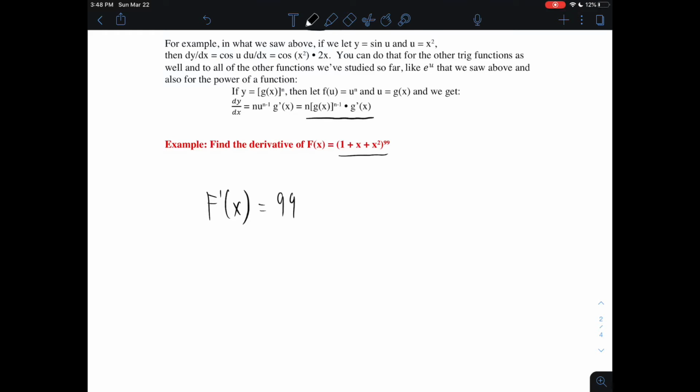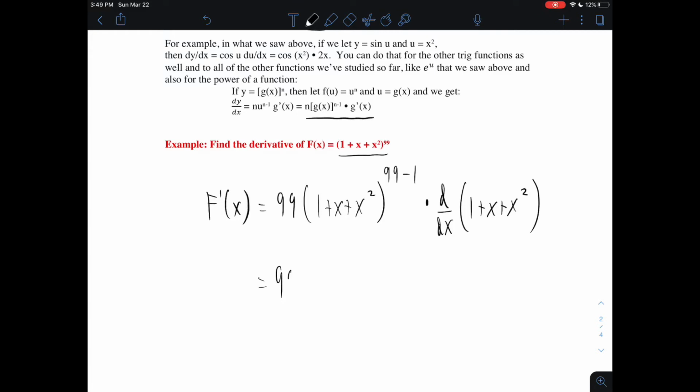g of x is 1 plus x squared. And then I have to subtract 1 from the power, so 99 minus 1, and then I need to multiply by the derivative with respect to x of g of x, in this case 1 plus x squared.